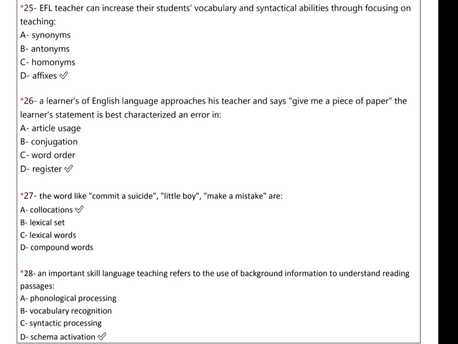An important skill in language teaching refers to the use of background information to understand reading passages: A. Phonological processing. B. Vocabulary recognition. C. Syntactic processing. D. Schema activation.